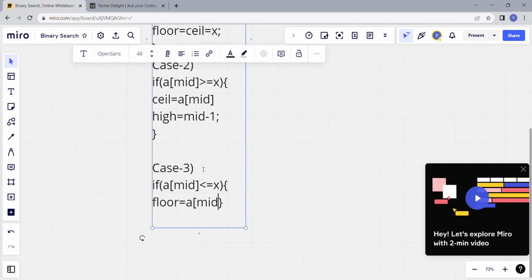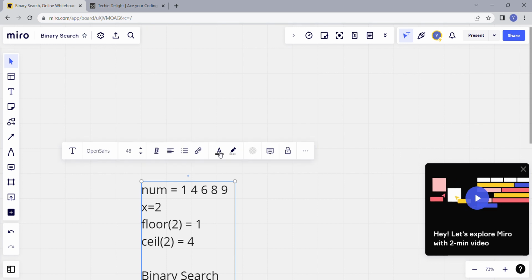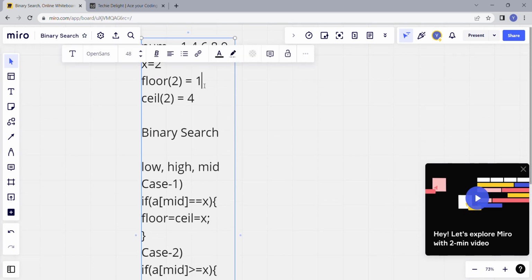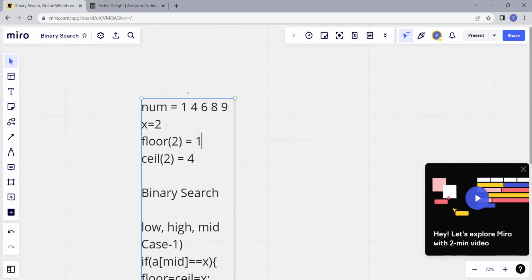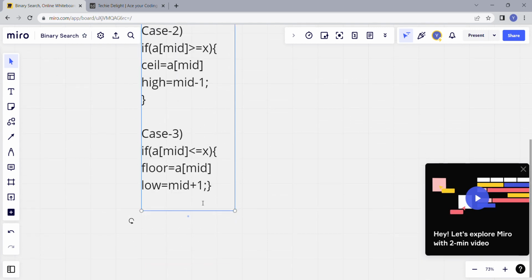The floor will become mid, as it can be a potential solution, and low will become mid plus 1, because now we need to search in this area. Suppose we have found 6, which is not smaller, then we move to the immediate previous smaller element. So I hope this is clear.